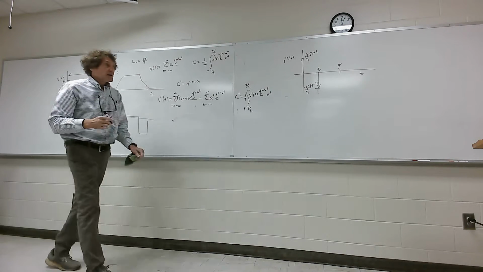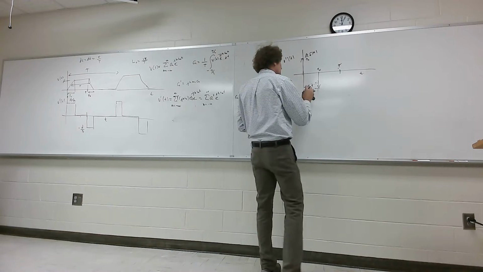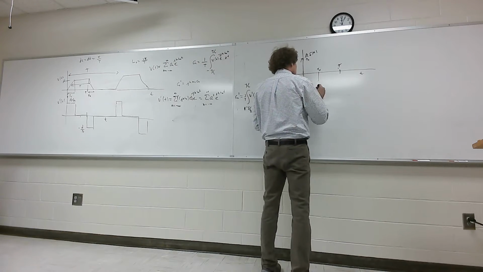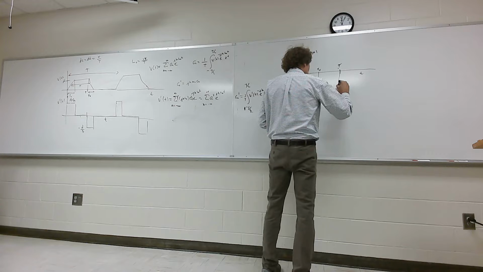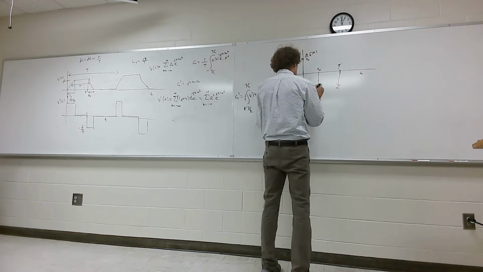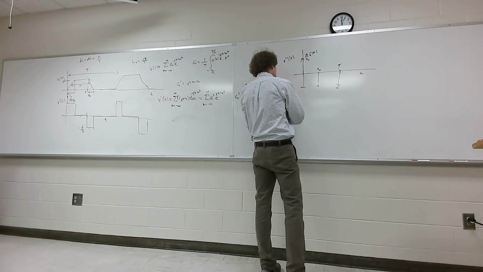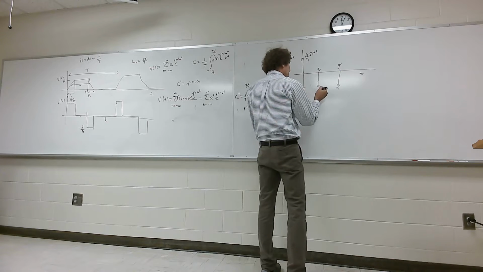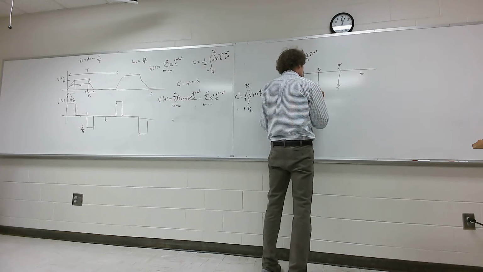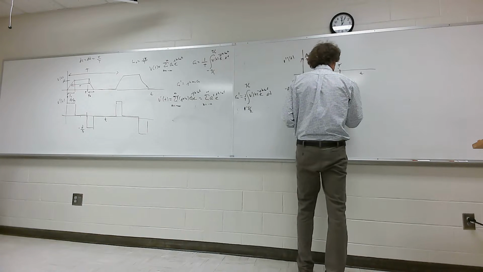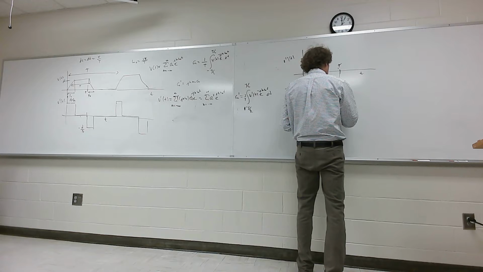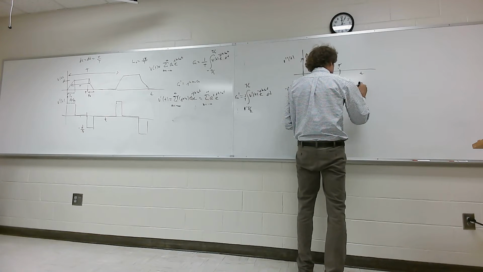You follow me on that? Same magnitude. So let me make this more clear. This is going to have the same value, minus A over tau rise. The one at tau rise is minus A over tau rise times delta of t minus tau rise. This occurs at tau, so it would be minus A over tau rise, delta of t minus tau.